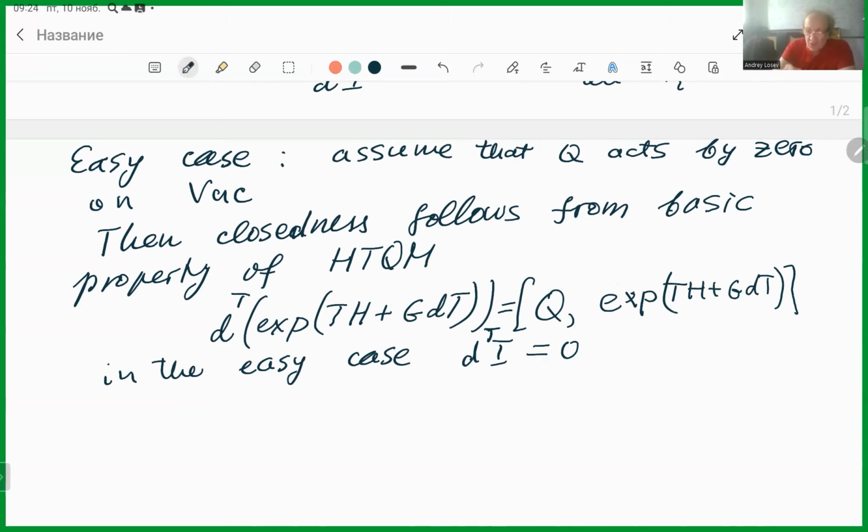But the main property of topological quantum mechanics intertwines d t with Q. Yeah, all right. So it was an easy case.